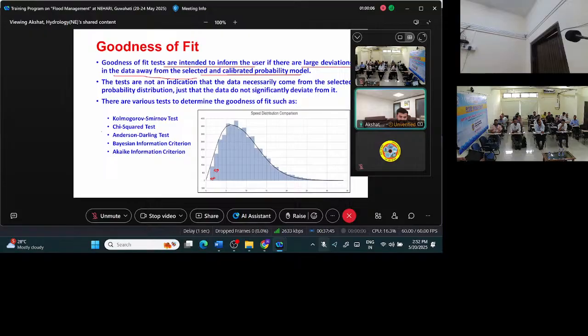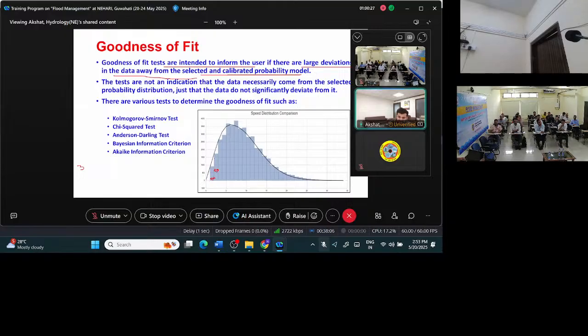Bins means if we have a long data, for example in this case, we'll make a bin such as what kind of data lies between 30,000 to 31,000, from 31,000 to 32,000, from 32,000 to 33,000. On the basis of that, we'll prepare this kind of bar chart.